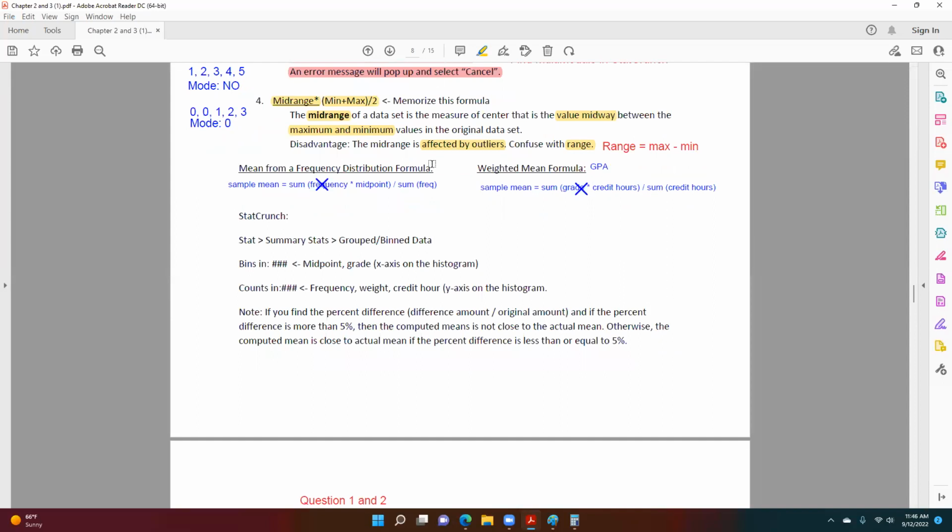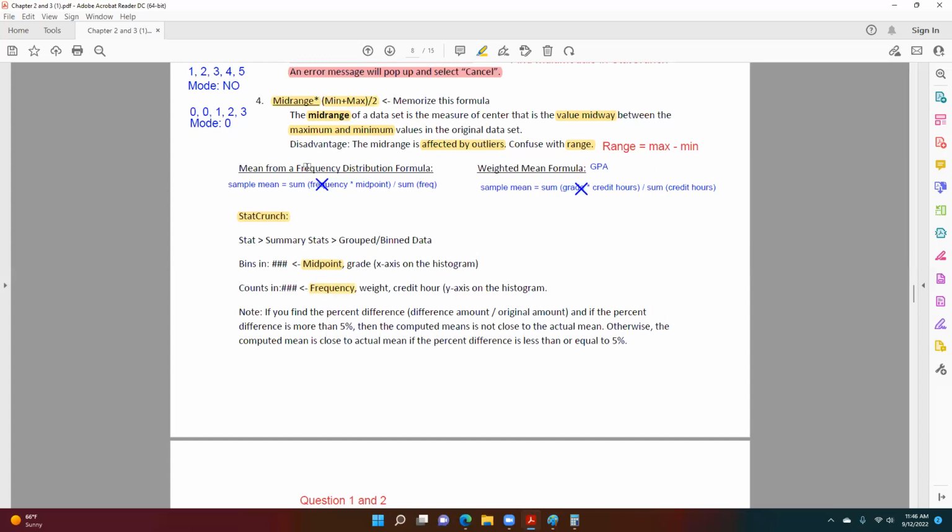So how do we use StatCrunch to find the mean for the frequency distribution and the weighted mean? Make sure you enter two columns of data into StatCrunch. In one column you enter your midpoint, and in the other column you enter the frequency.